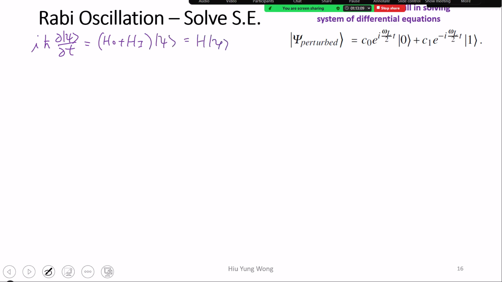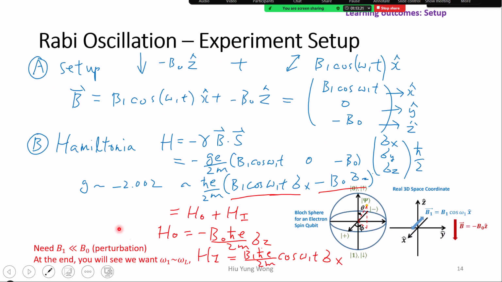Are you okay with this formula? Because the total Hamiltonian is the unperturbed one plus the additional one, the perturbing one, the perturbation, right?